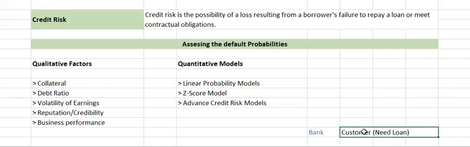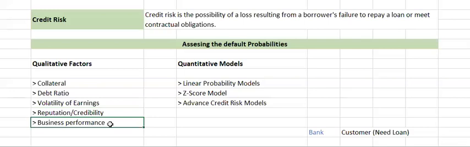If my customer is a company, I can ask their suppliers and distributors about their payment patterns to know about the reputation of this company. So if reputation is good with respect to past payments, credit risk will be lower and probability of default will also be lower.